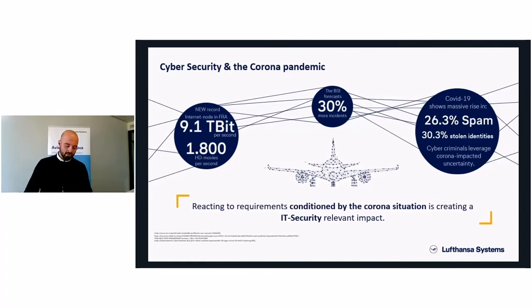When you see some spam emails these days, you can clearly no longer tell whether it is a real email or a hacker's email, referring to your personal name, referring to the Kurzarbeitergeld or stuff like this, which is specific to the Corona situation.